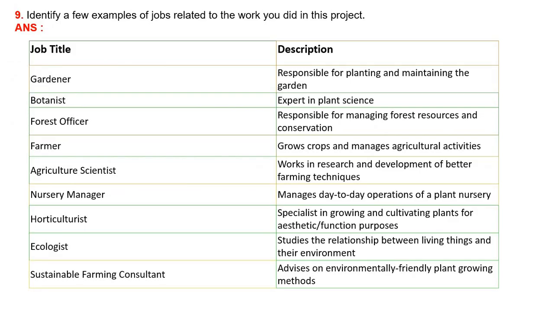Identify a few examples of jobs related to the work you did in this project. Job title, description. Job title is gardener. Description: responsible for planting and maintaining the garden. Botanist, expert in plant science.